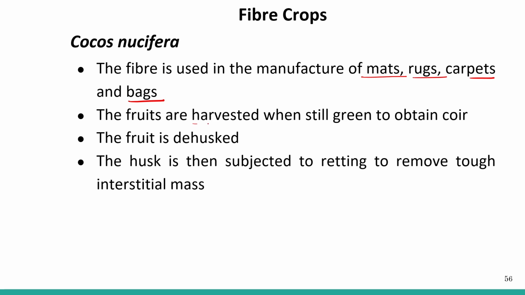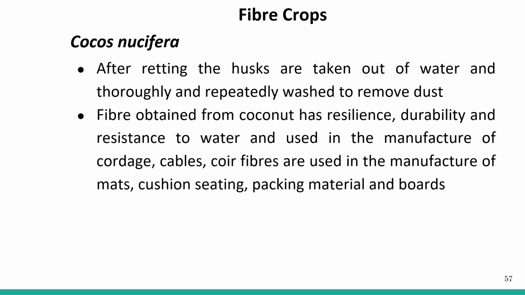The fruits are harvested when still green to obtain coir. The fruit is dehusked, so we take out the husk material, and the husk is then subjected to retting to remove the interstitial masses. With the help of the retting process, this husk is removed from the fruit.